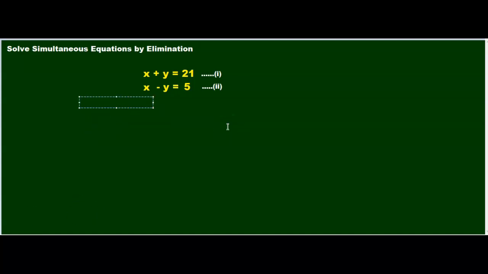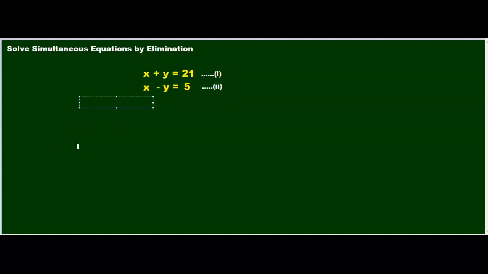So when we're solving equations by elimination, it's as it sounds. We want to eliminate one of our variables. In this case, let's eliminate our y's because we have a plus y and a minus y. To do that, we can add or subtract our equations together. In this case, we're going to add along our columns.